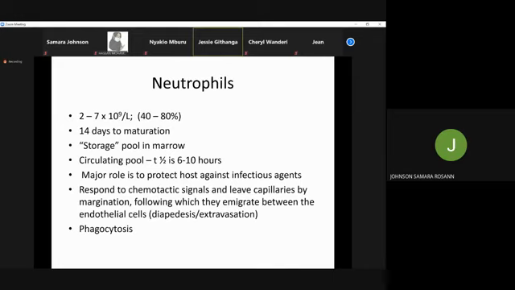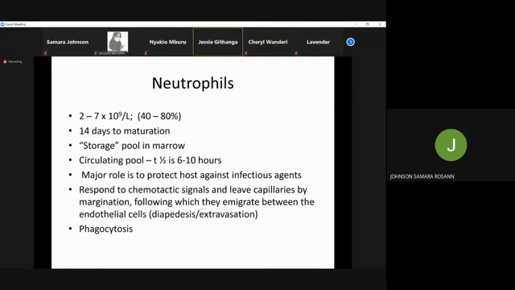And they take about 14 days to mature in the bone marrow. And within the bone marrow, there is what is known as a storage pool. Even in peripheral tissues, you do have some storage also. Now, this storage pool is a store where you have mature neutrophils that are sitting in the bone marrow.